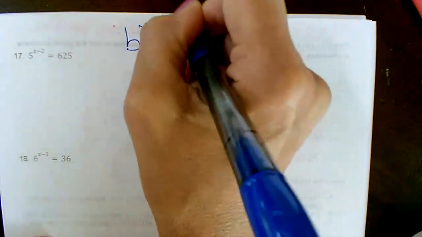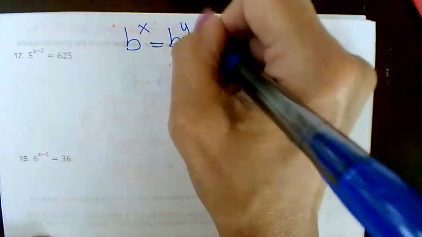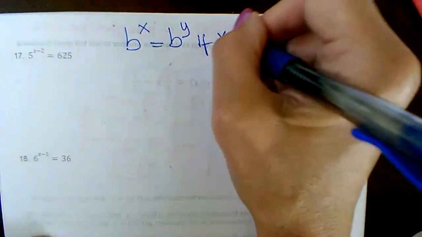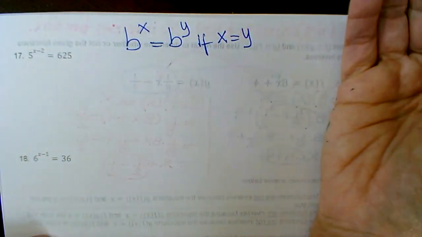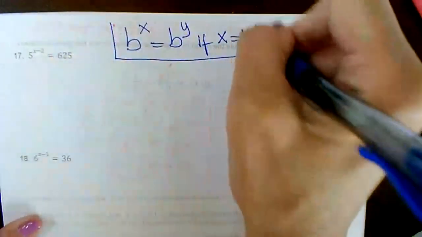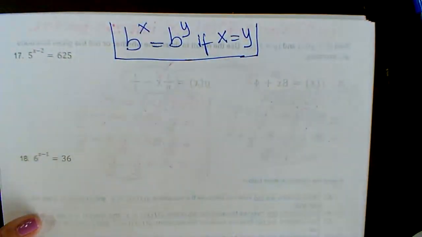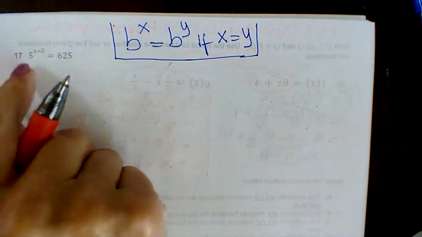Now, 17. And for this one, guys, remember this. If the bases are the same, so x is equal to y. So right here, we have 5. What do I need to do?